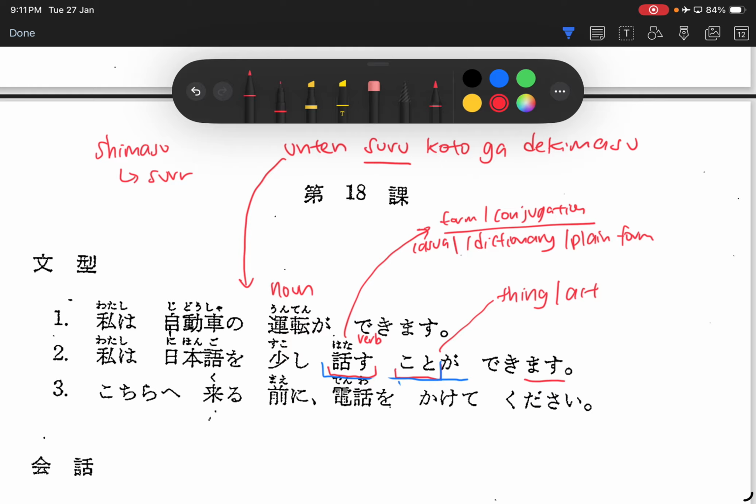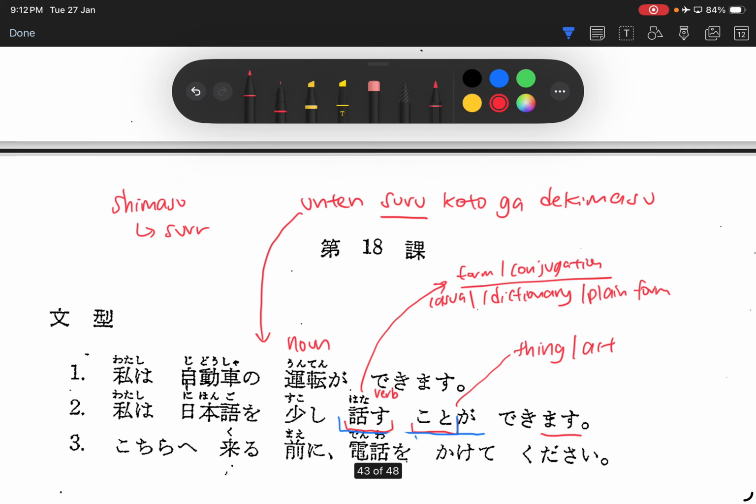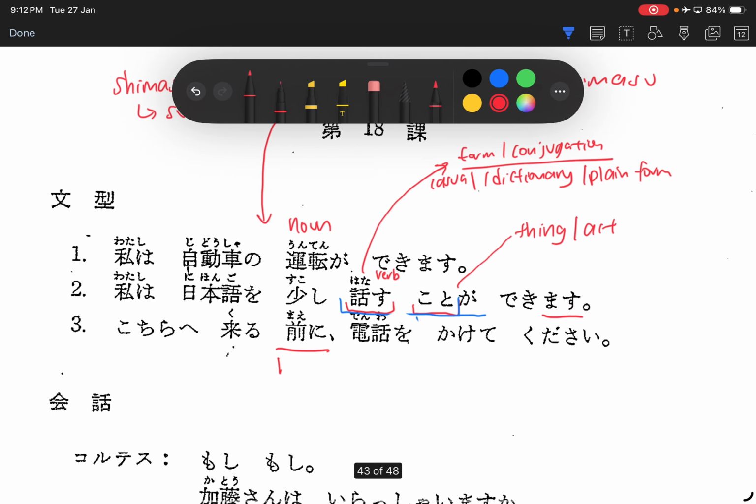こちらへ来る前に. Right, 前に means, as you can guess, before. 来る, same thing, this is supposed to be 来ます, but instead of 来ます I use 来る. 来る is special, in group 3. He's the best friend in group 3, the special friend that we have in group 3, so his sound changes when he's in different forms.